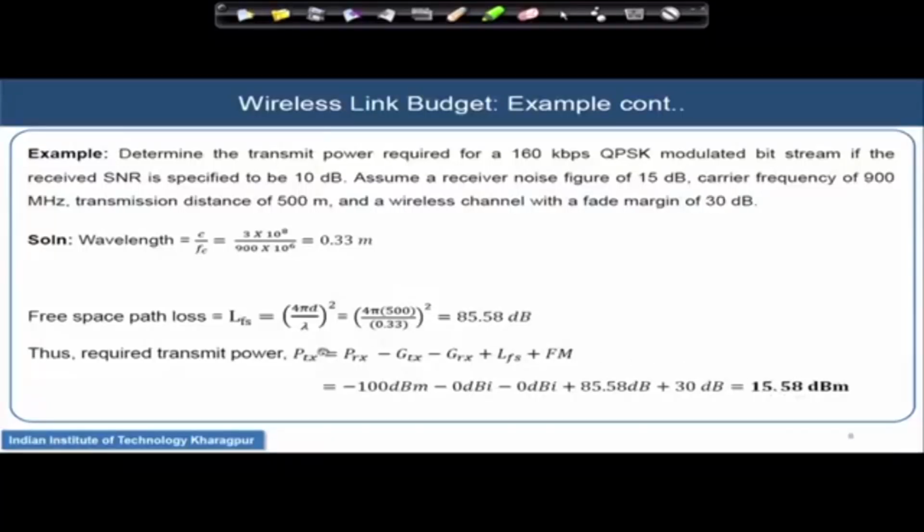So in this case, a minimum transmit power of 15.58 dBm is required in order to implement this wireless communication system. So we end this tutorial over here.